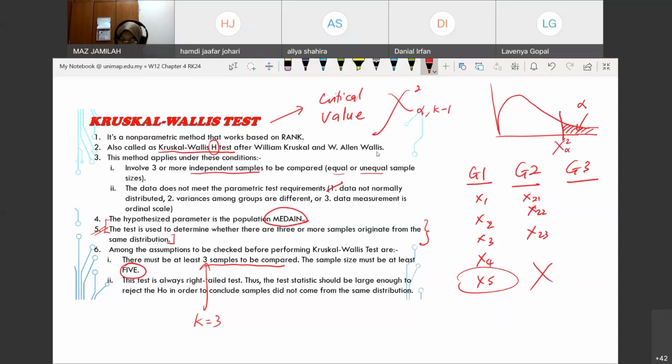So it will be a right tail test, and if you wish to reject your null hypothesis, you need to have a large test statistic. That is your H. Your H must be large enough so that it falls within the rejection region. So that is what is meant by the second point.